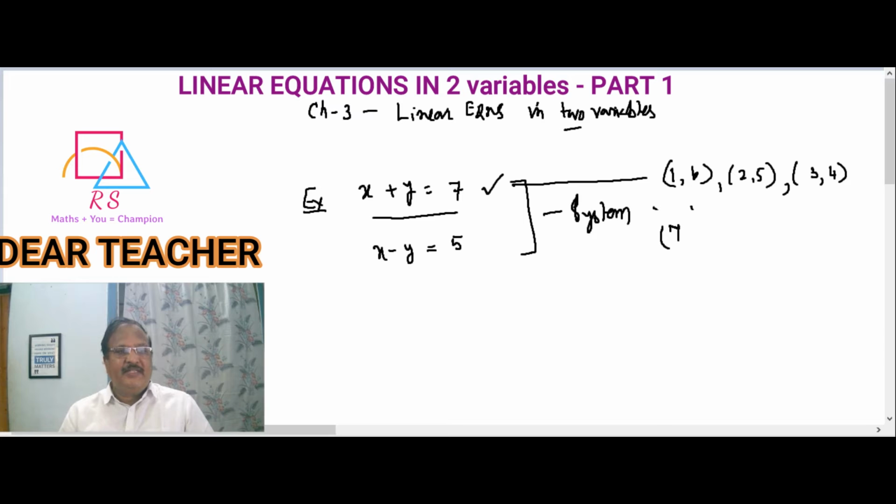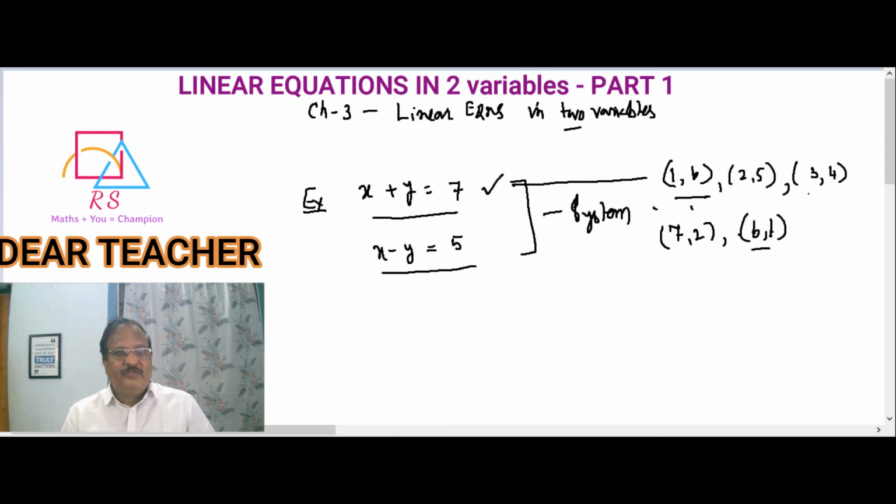For the second equation also, 7 and 2, and so many solutions. Now there will be only one common solution for these two. Here 7 and 2, 6 and 1. Here 1 and 6, and in the other 6 and 1.